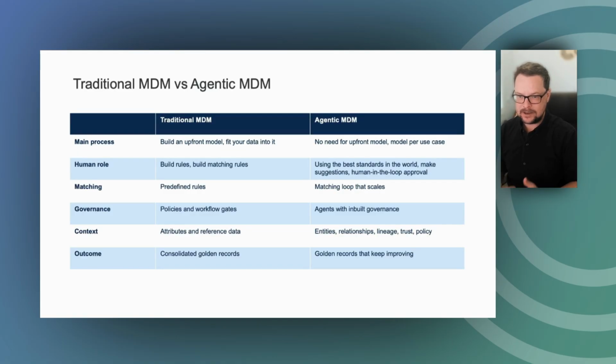From a governance perspective, once again, up front, what policies do you want? What workflow gates do you want? Now, an agentic approach, once again, it doesn't remove this, but it accelerates it. It says, hey, listen, I know what good governance is like. I know you want audit trails. You may not know this, but you also need lineage. You need rollback support. You need workflow processes.